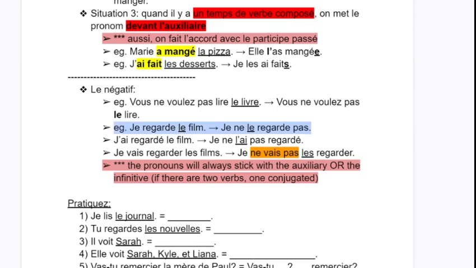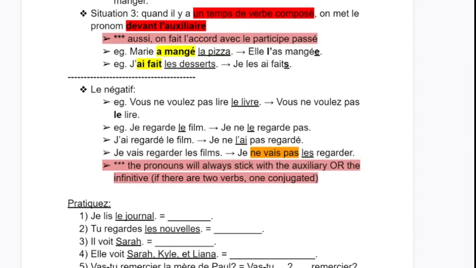And we're going to be replacing the word le film with the direct object pronoun le because it is masculine. And obviously that direct object pronoun is going to go before the first verb, or the only verb in this case. Here, I've also added the ne pas around those. So it's going to be je ne le regarde pas.